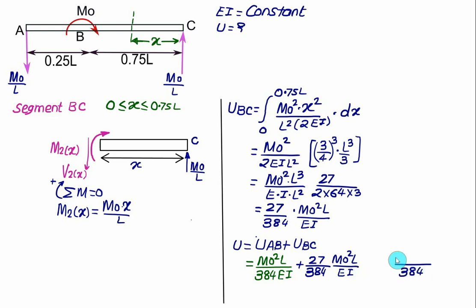We have 1 plus 27, that is 28 divided by 384. If we divide numerator and denominator both by 4, in the numerator we'll get 7, in the denominator we'll get 96. So the final answer is 7 divided by 96 into M0 square into L divided by EI.